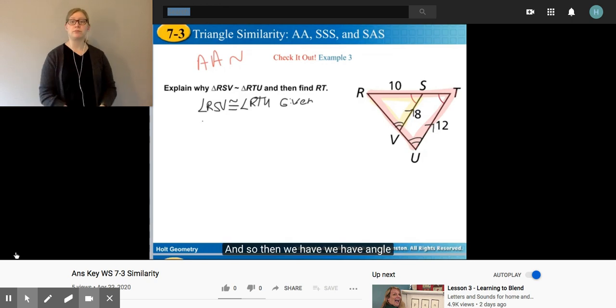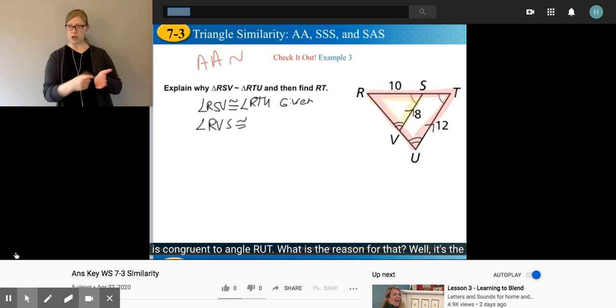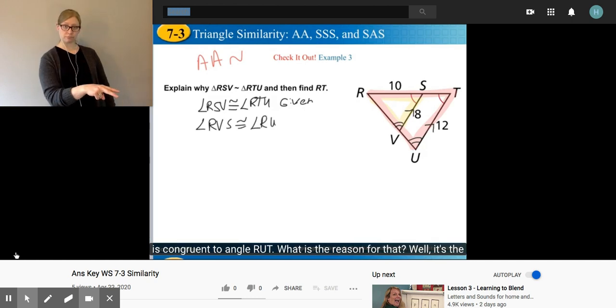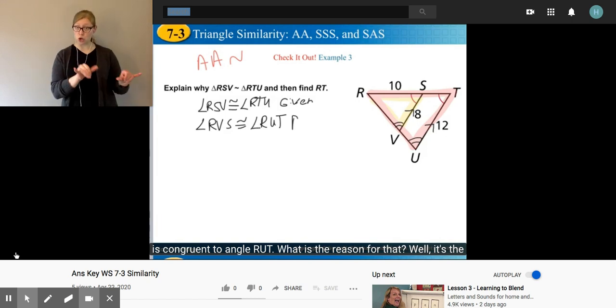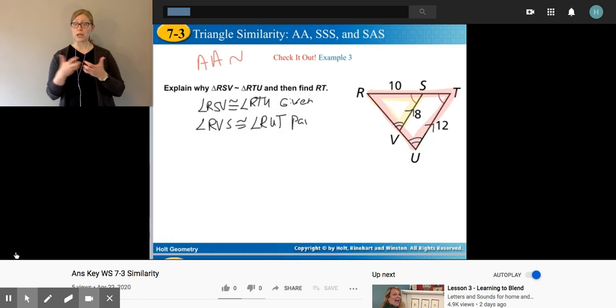And then we have angle RVS is congruent to angle RUT. What is the reason for that? Well, it's the corresponding angles theorem and its converse.